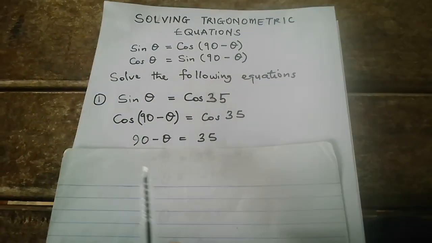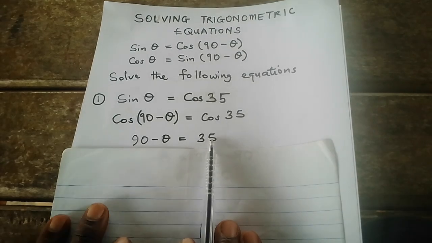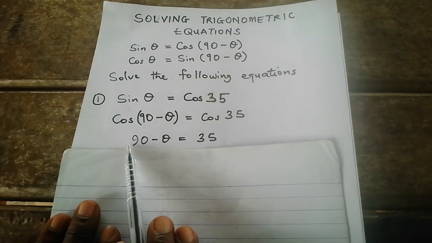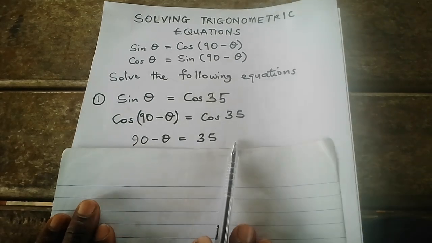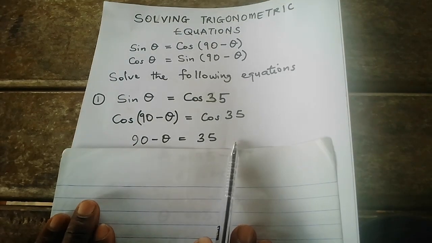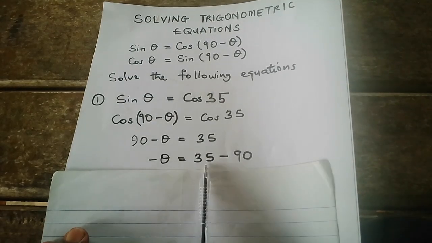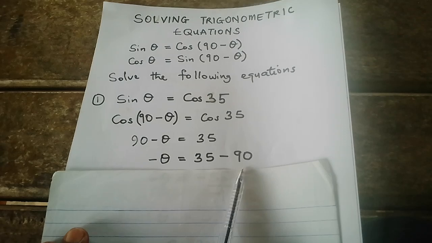Now, if 90 minus theta is equal to 35, this 90 can come here. The sign in front of this 90 is positive. When it crosses the equality sign, it will now be negative. So you have minus theta equals 35 minus 90.